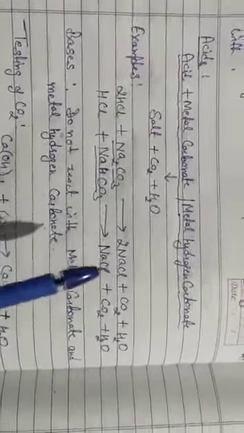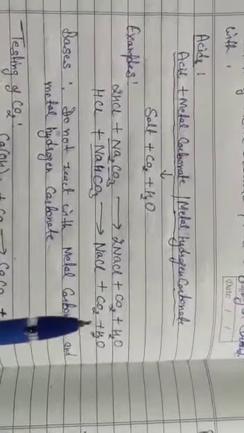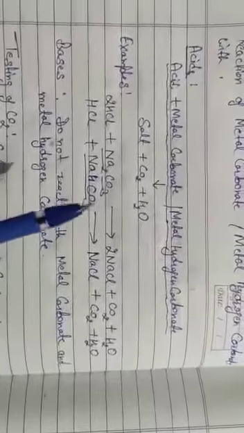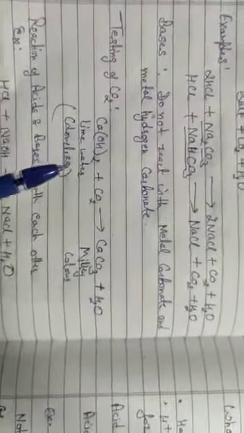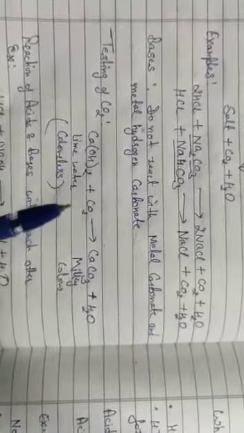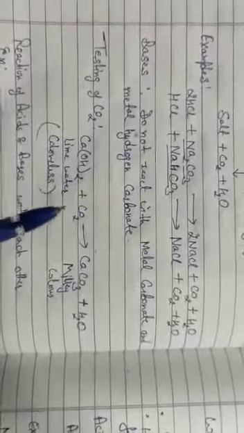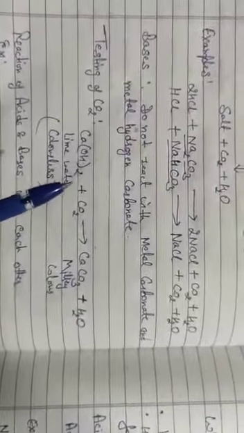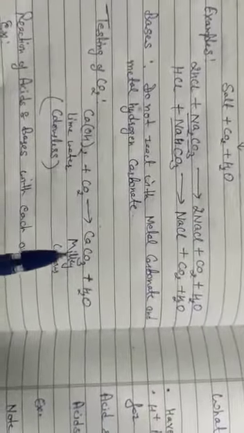Then the question arises: how do we test the evolution of carbon dioxide gas during these reactions? Testing of carbon dioxide: when we pass the carbon dioxide formed during the above reactions through lime water, calcium hydroxide solution, what happens?